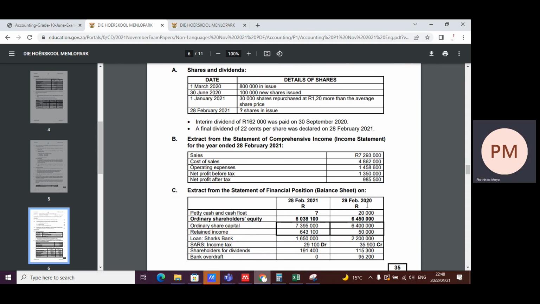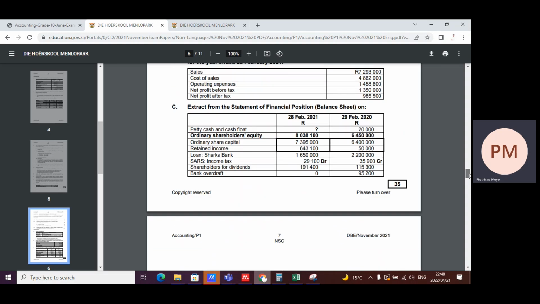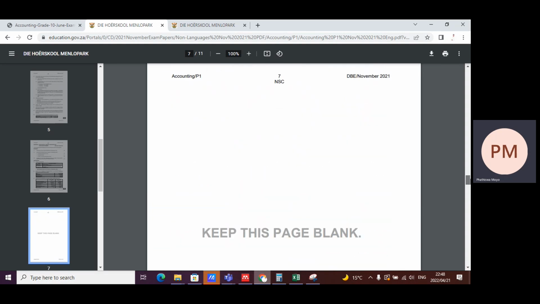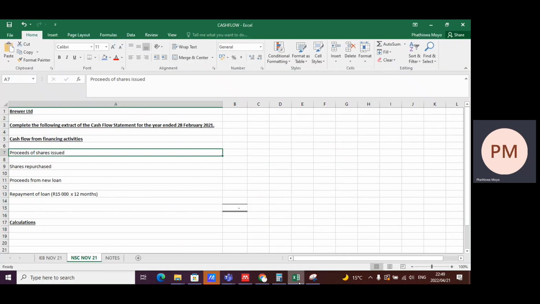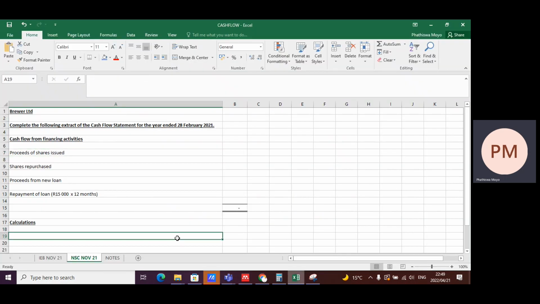They gave us the values, but there's shares issued here and they didn't give us the value. I smell X, guys. And then they're saying here 30,000 was repurchased at 120 more than the average share price. So which means we need to calculate the weighted average. Now, shares in issue, we're solving for X.